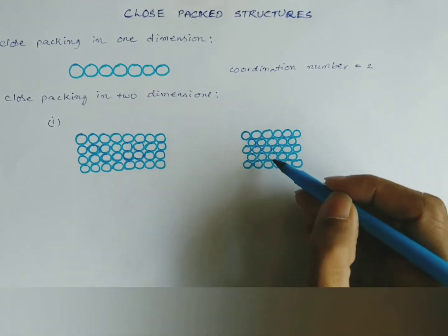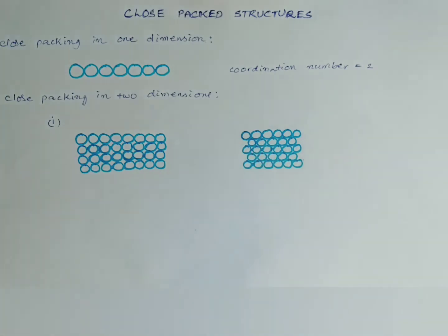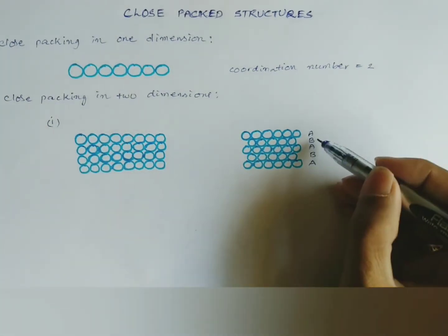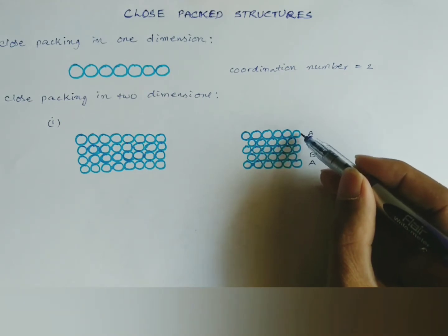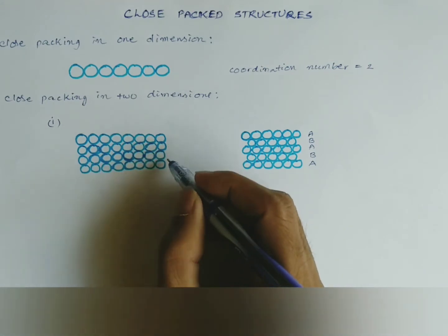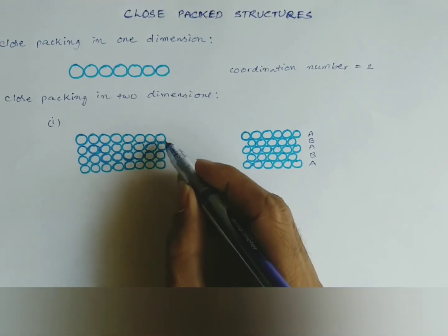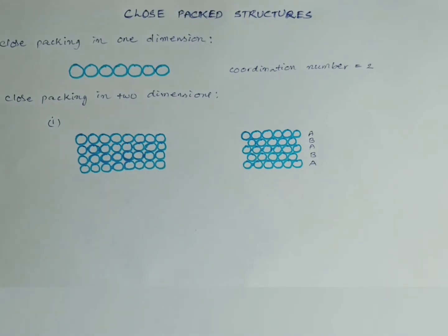So this type of packing is called AB type of packing, since the second row of atoms is different from the first row of atoms. Whereas here this is called AA type of packing, because the second row is similar to the first row, because they are in perfect alignment.